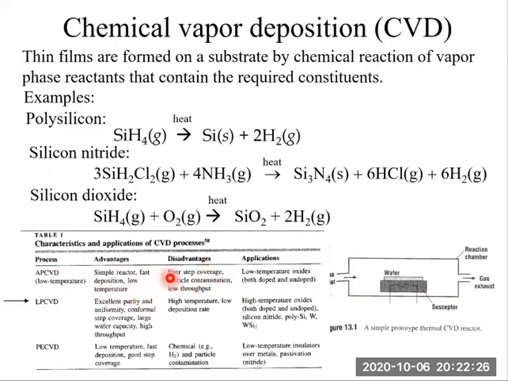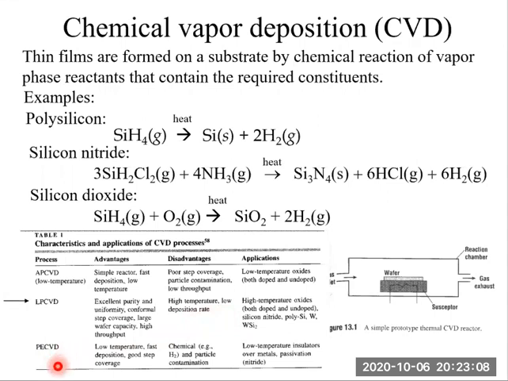Disadvantages: poor step coverage, particle contamination, low throughput. The second type of CVD is LPCVD, low pressure CVD. LP stands for low pressure. LPCVD has excellent purity and uniformity, conformal step coverage, so pretty good step coverage, large wafer capacity, high throughput, but it needs high temperature, and its deposition rate is low.